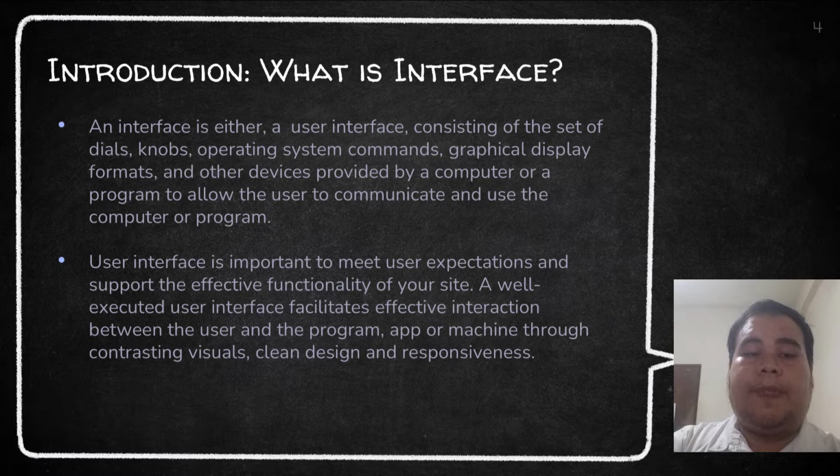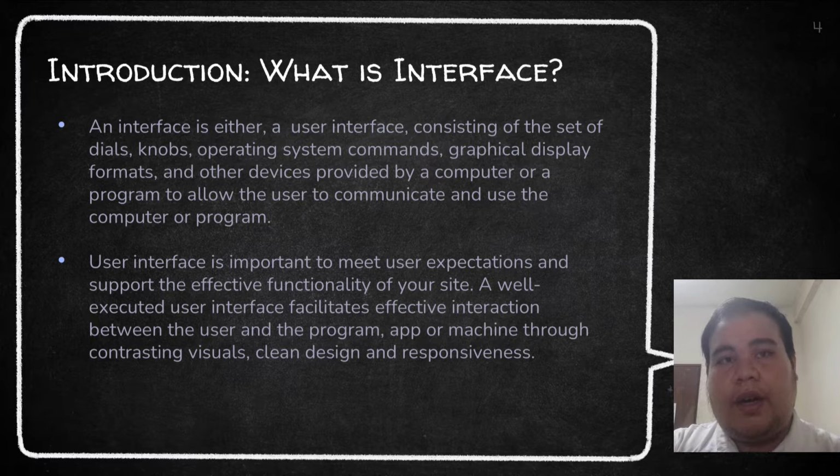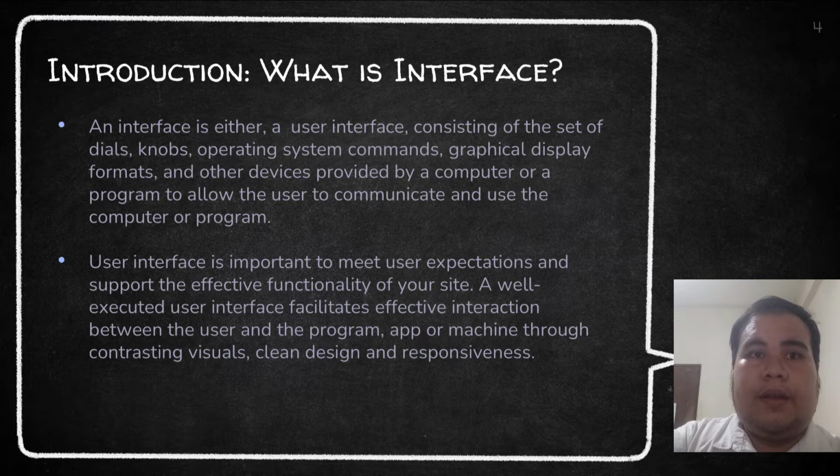In computing, an interface is a shared boundary across which two or more separate components of a computer system exchange information. The exchange can be between software, computer hardware, peripheral devices, humans, and combinations of these. These interactions between your system and others are what we call interfaces.